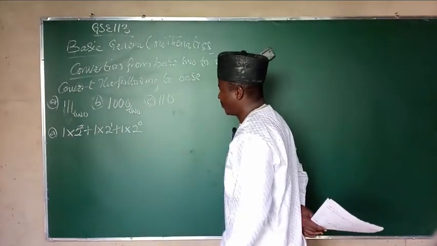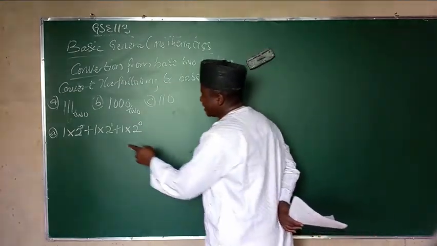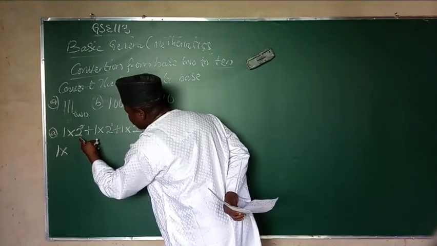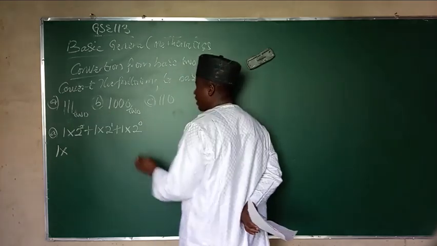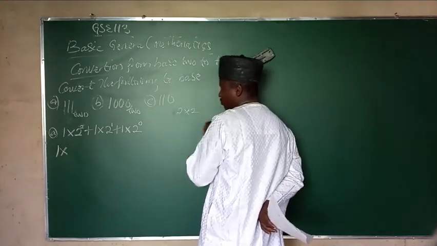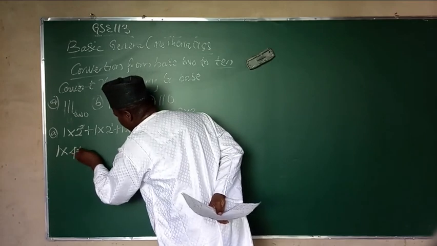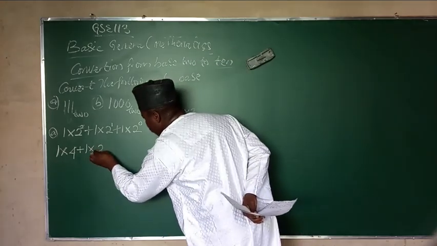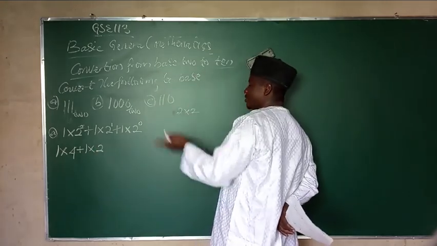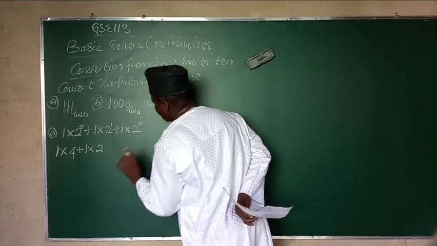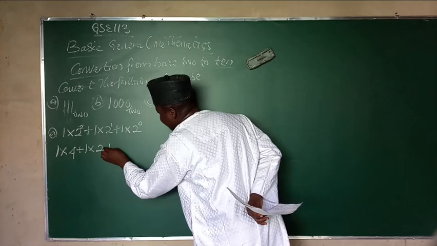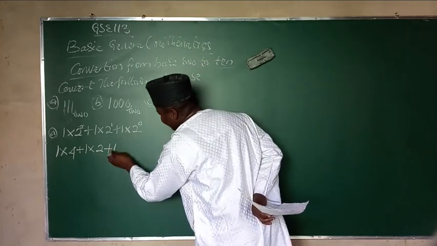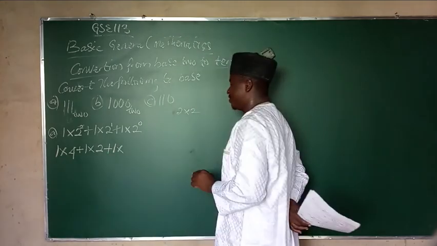What next? The next is taking care of the base and the power. Therefore, we have 1 times 2 to the power of 2, or 2 square. It means 2 times 2, which is 4, plus 1 times 2 to the power of 1, which is of course 2, plus 1 times 2 to the power of 0.